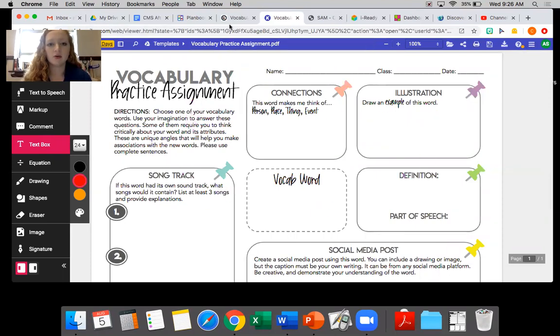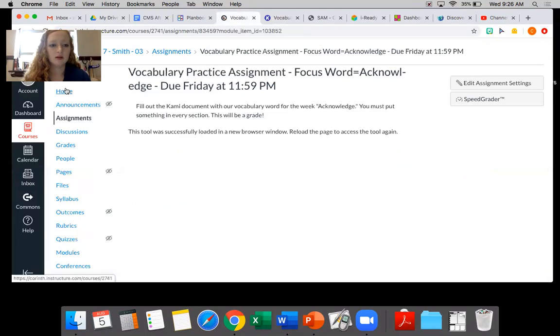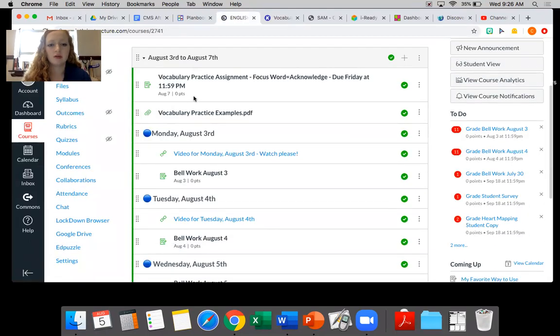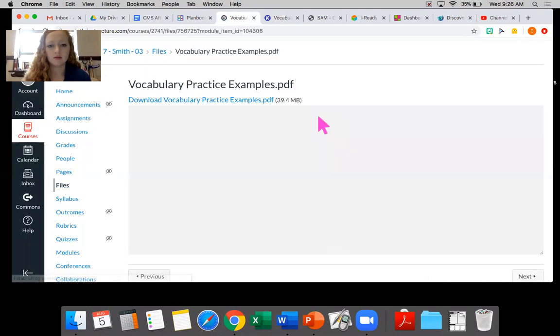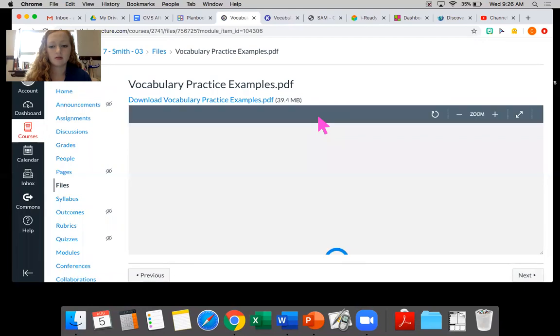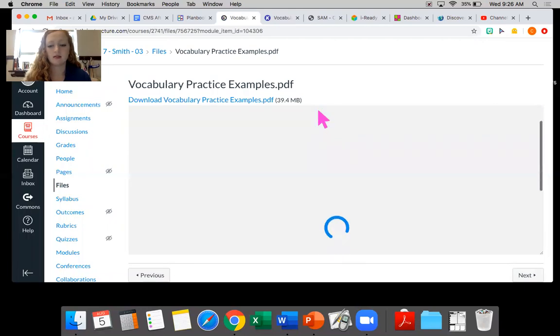I'm going to go over here real quick and show you the example. You go back to the Canvas English homepage. It is vocabulary practice examples. And it's almost there. Any day now.